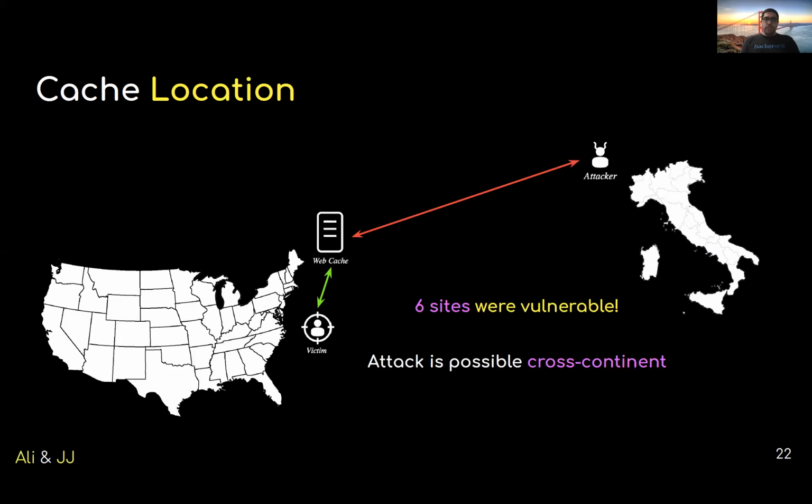As a result, we connected to a web cache server, which is close to a user from Boston, United States. And as an attacker, we tried to load that content in Italy, the city of Trento. And interestingly, we saw that there were 6 websites where we were able to get the content of the cached resource that was written by the victim, which shows that the attack can be possible even cross-continent.